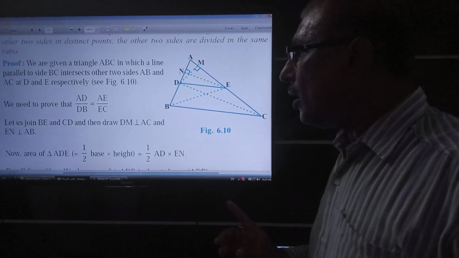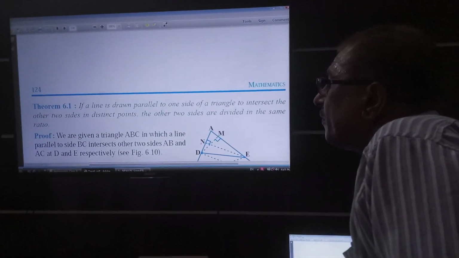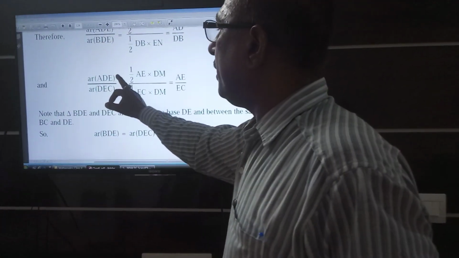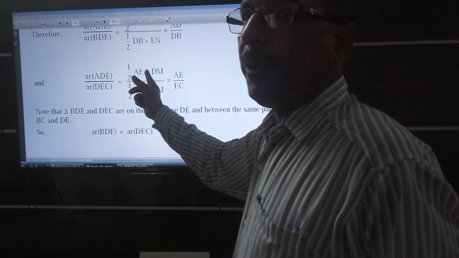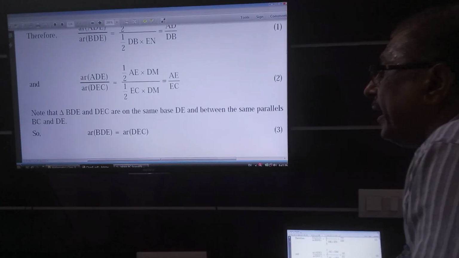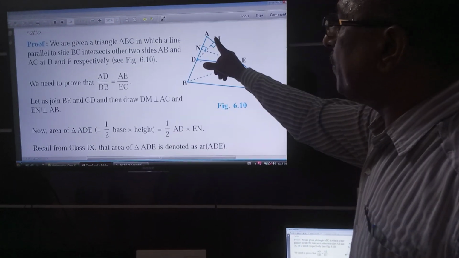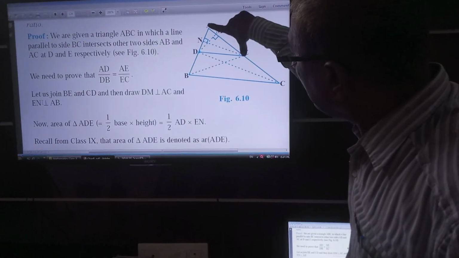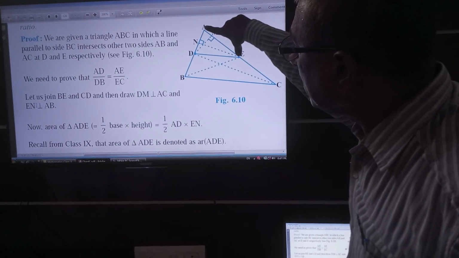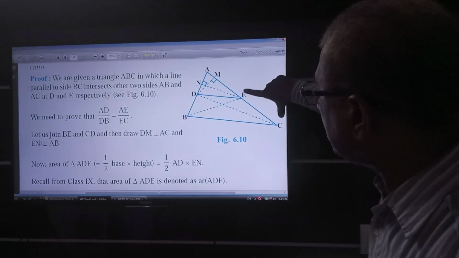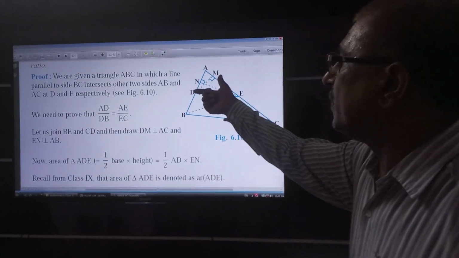Okay children, now again calculate the area. What will you get, children? This is the second part. ADE and DEC: 1 upon 2 base AE, and DM is the perpendicular. Can you see children? This is the perpendicular DM, 1 upon 2 base AE perpendicular DM. In triangle DEC, base EC perpendicular DM. Same thing.